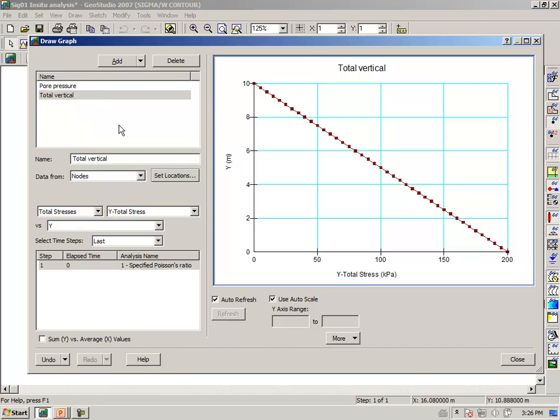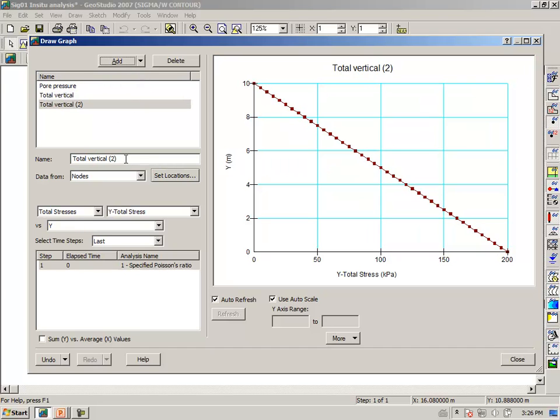We can now clone this graph, say clone, and we will make a total horizontal stress graph.